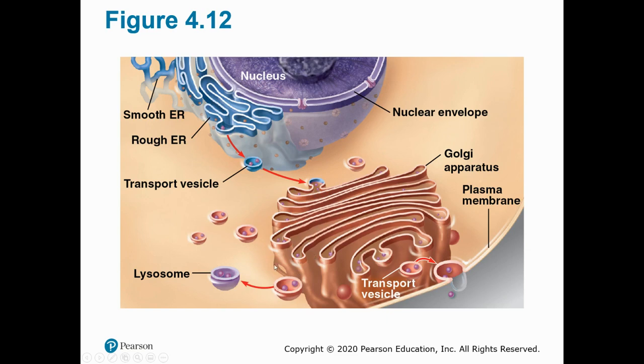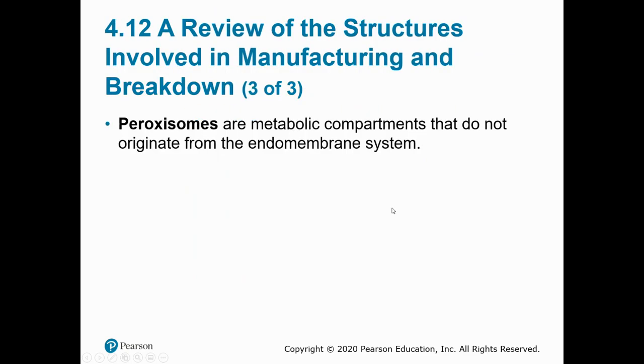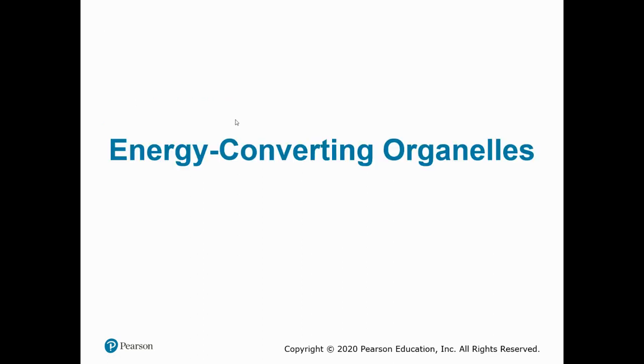There are connections between the Golgi apparatus and lysosomes, and then the other one we've got is peroxisomes, which are other metabolic departments that don't originate from the membrane system. Now, next is the energy converting organelles, and we're going to talk about those in more detail later.